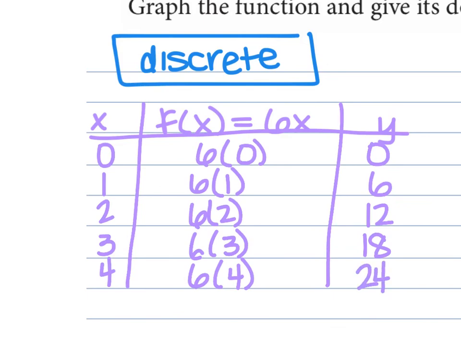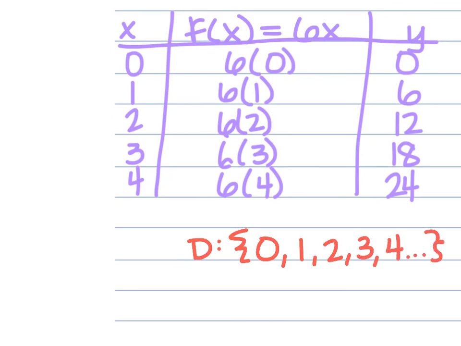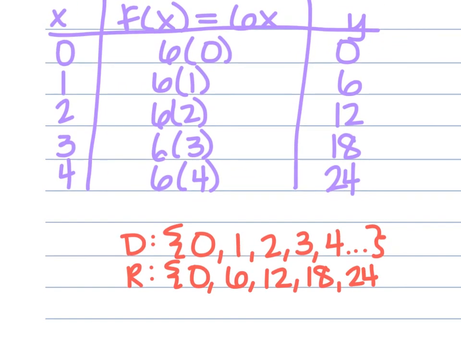So if we look here, our domain is the set of real numbers 0, 1, 2, 3, 4, and so on. Our range is the set of numbers 0, 6, 12, 18, 24, and so on.